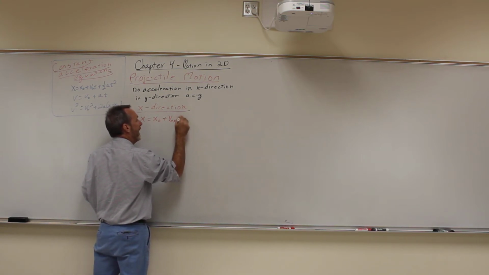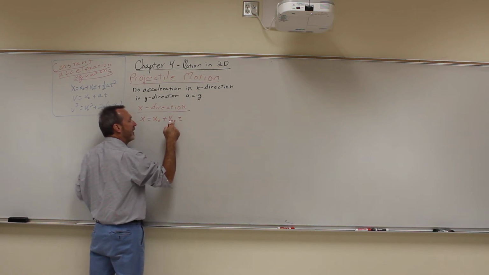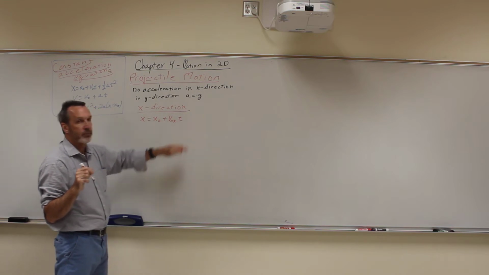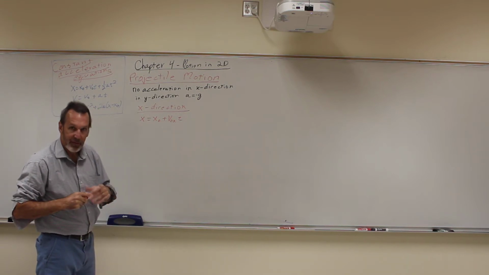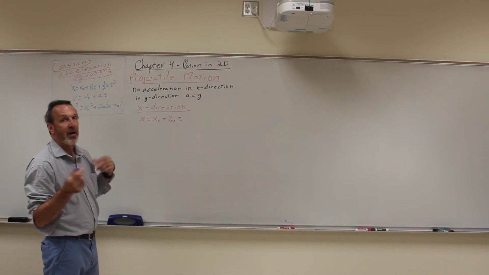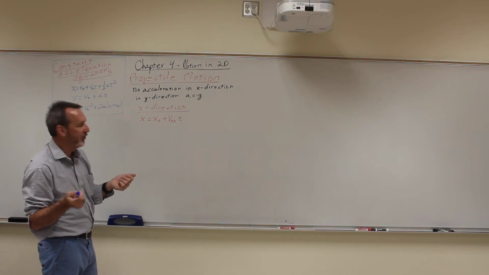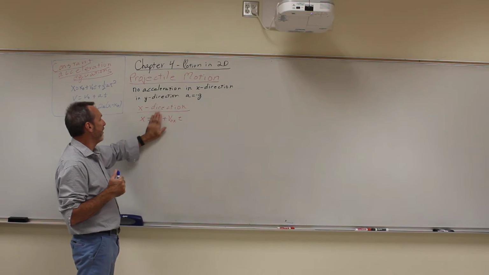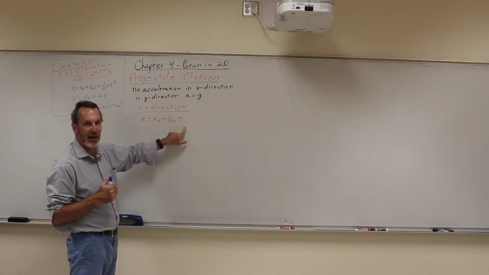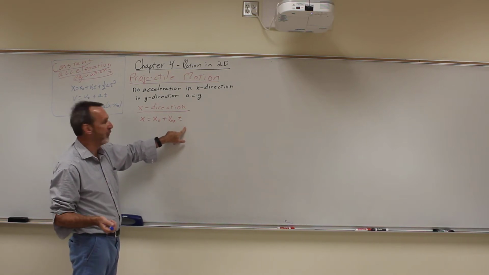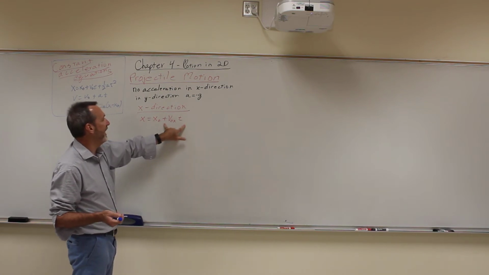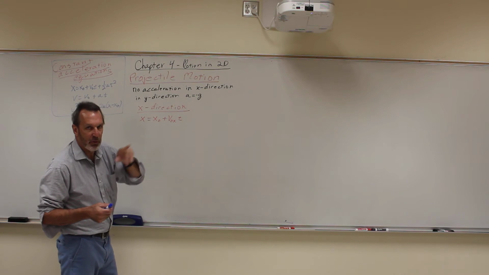Now we have to put an x under here, so this is the initial velocity in the x direction specifically, times t. This becomes our original equation, the very first equation we learned. Remember, this is distance, and if x naught is 0, distance is equal to velocity times time, which was the first one we ever learned for a constant speed. That's the case in the x direction. There's no acceleration in that direction.